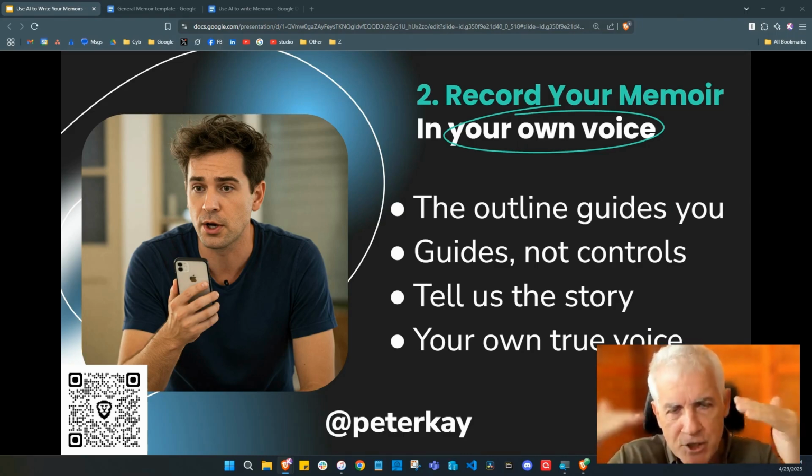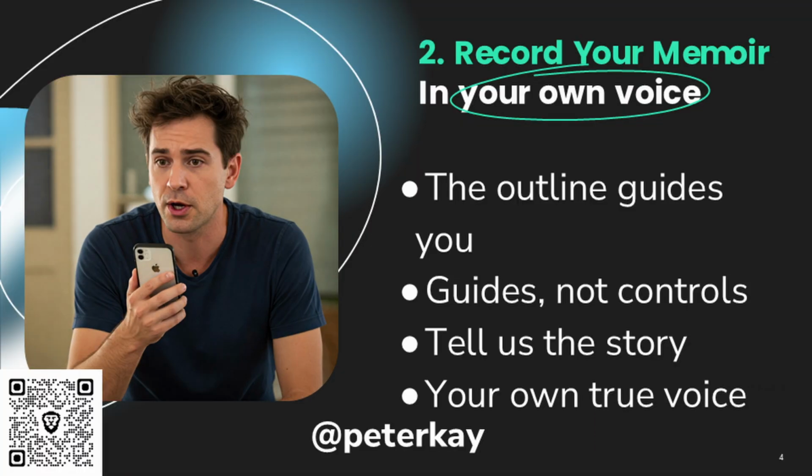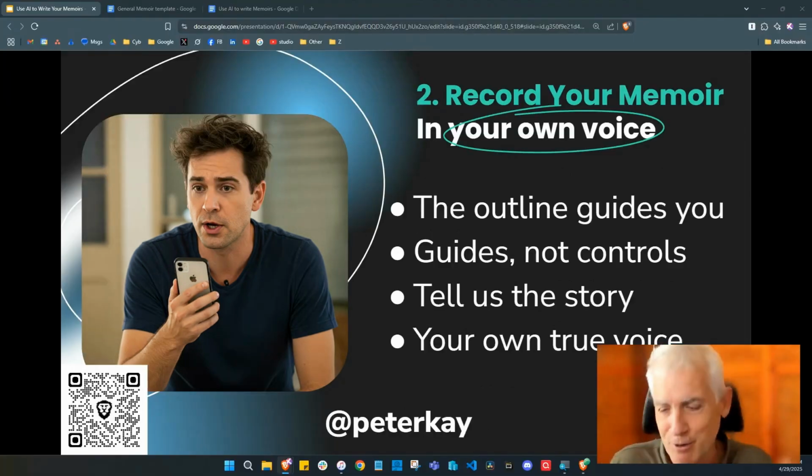It's really just to make sure that you don't miss any key points. You really need to be yourself. You need to tell your story like you're telling it to your descendants or your children or your nephews or whoever you're helping with. You want to tell them the story, and the outline just helps you tell that story. So that's step number 2: you're going to record that memoir.